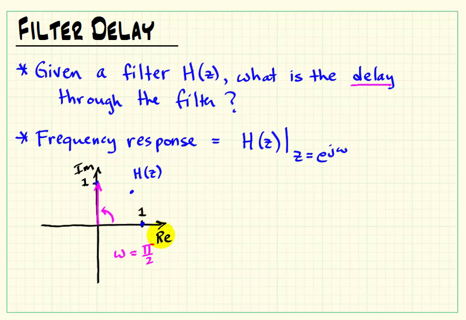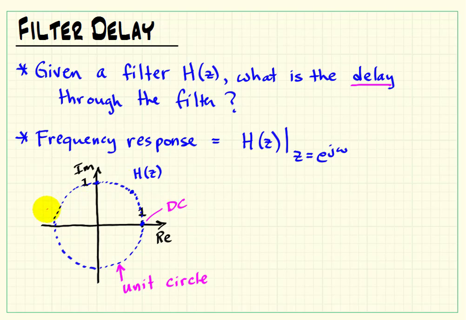Now as we start to increase omega to larger and larger values, that vector starts to trace out a path in the complex plane. Since the vector has a fixed radius, what it does is trace out a circle that we call the unit circle.